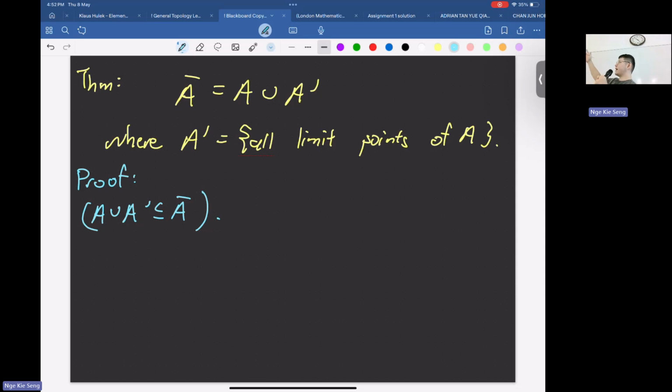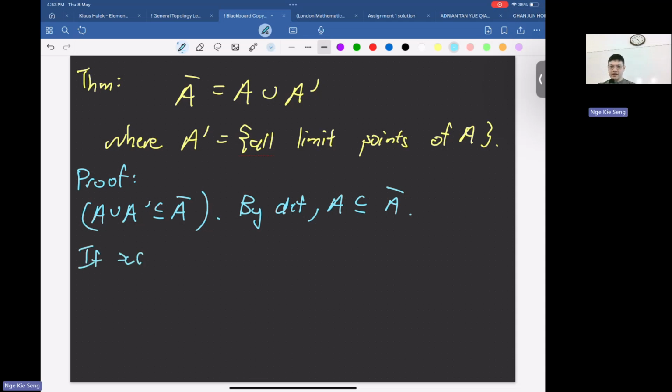So you need to show that x in A is in A bar, and x in A prime is also in A bar. Which one is easier? By definition, A is already living inside A bar, because every closed set containing A is included in A bar. How about the second case?